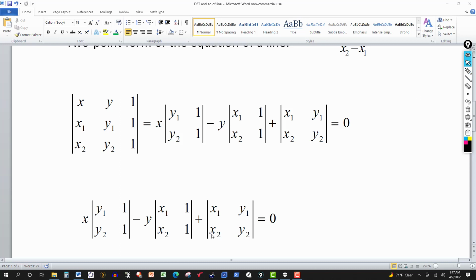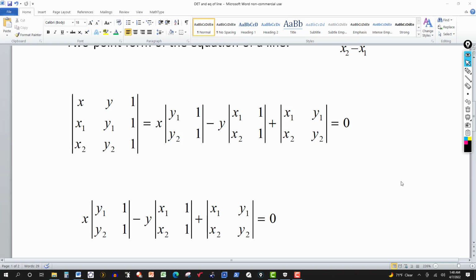So then I continue. What we're going to do now is a 2 by 2 is evaluated by just cross multiplying and subtracting. So it's going to be y1 times 1 minus y2 times 1. And the next one is x1 times 1 minus x2 times 1. So that's x1 minus x2. And I left the 1 out here, again, because 1 times anything is itself. And then for the next one, cross multiply x1, y2 minus the other product, x2, y1.